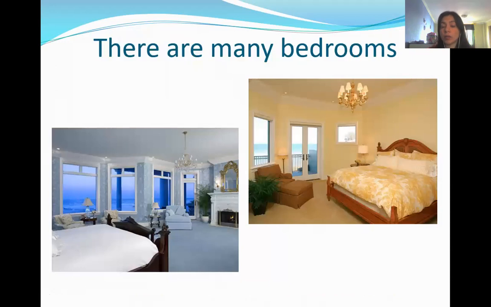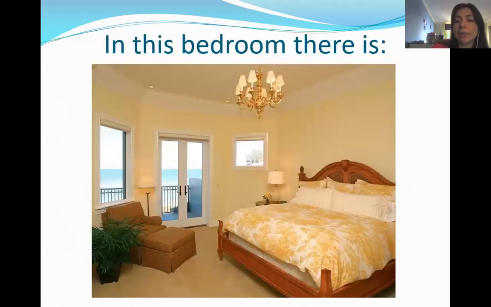There are many bedrooms. Hay muchas habitaciones, ¿sí? Entonces aquí tenemos el plural. Hay muchas habitaciones. Hay varias. In this bedroom there is. In this picture, you should watch how many objects there are. There is an armchair. ¿Ya?